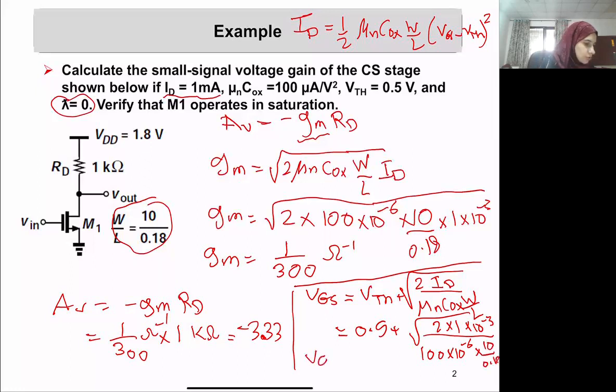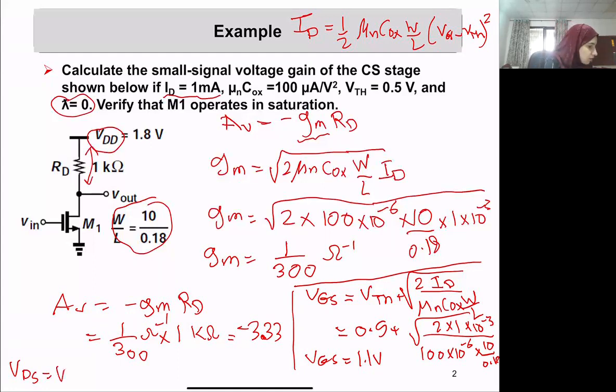And then I get VGS equals 1.1 volt. Now I want to make sure whether the transistor remains in the saturation region or not. You know our condition that we should have, but first we need to find VDS. So VDS is equal to VDD minus the voltage drop across this resistor.